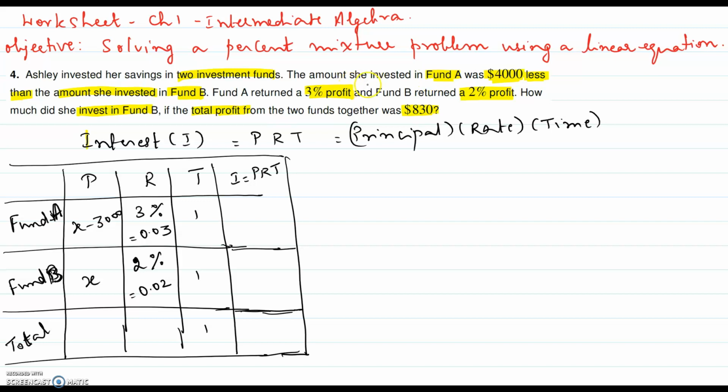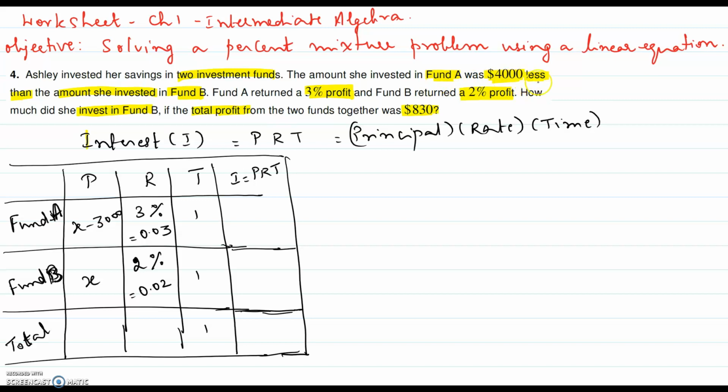It says in the problem the amount she invested in Fund A was $4,000 less than the amount she invested in Fund B. But we do not know how much was invested in Fund B. What we know is that the amount invested in Fund B minus $4,000 is the amount invested in Fund A. Keep in mind, Fund A is not $4,000.